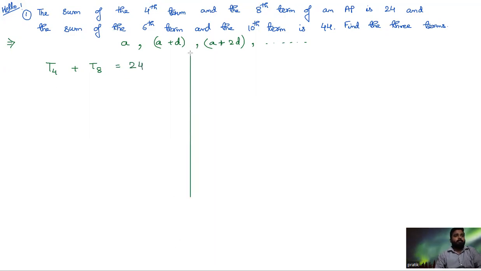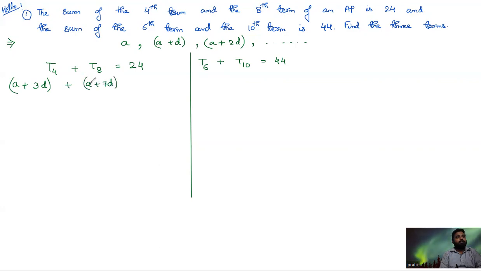Similarly, they've given another condition which states that the sum of the sixth term and the 10th term is 44. So using the T of n formula, the fourth term is A plus 3D, plus A plus 7D.